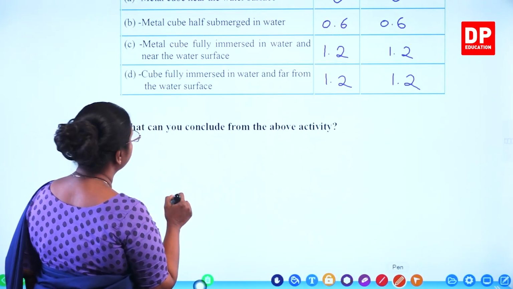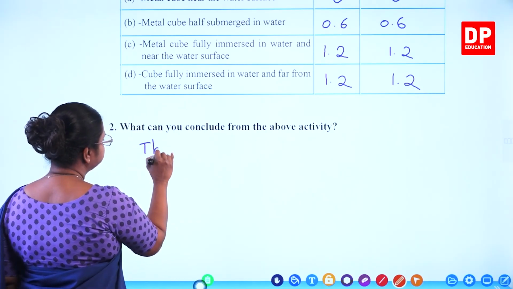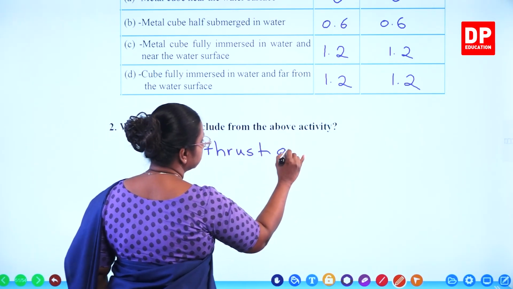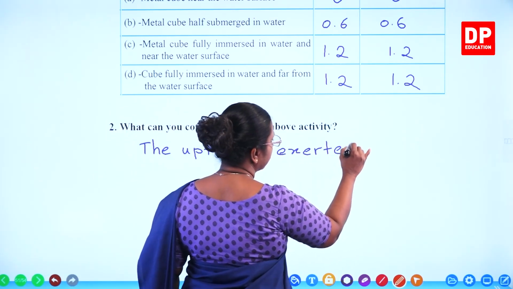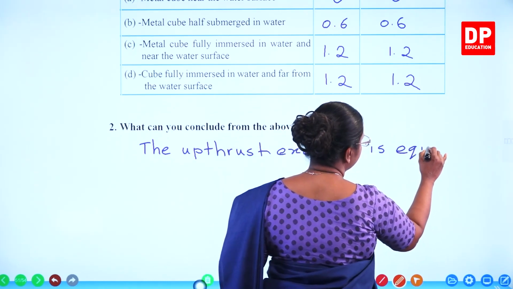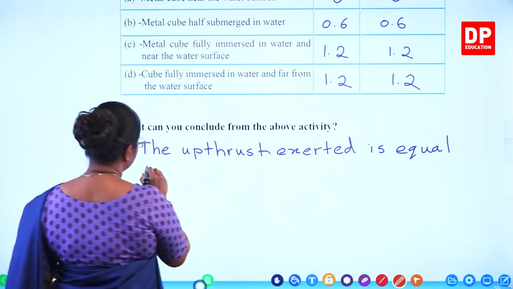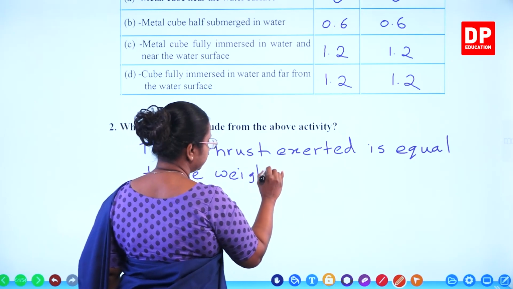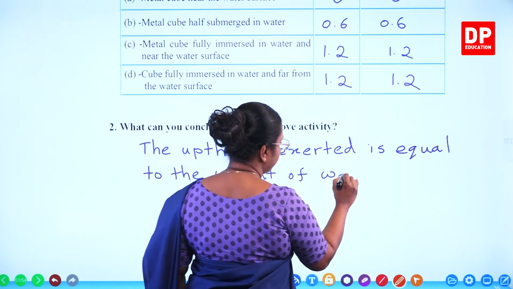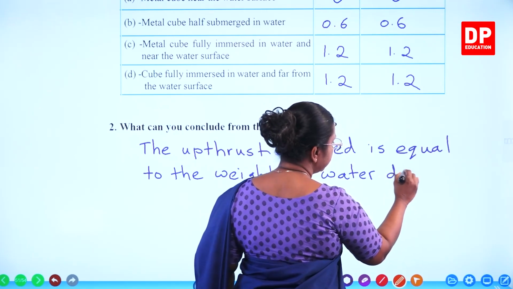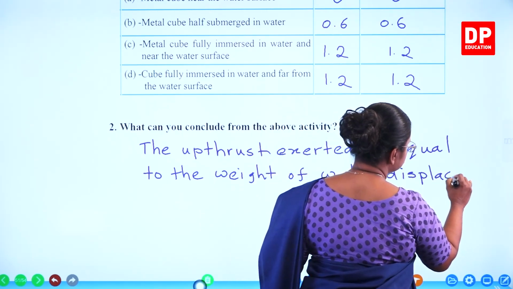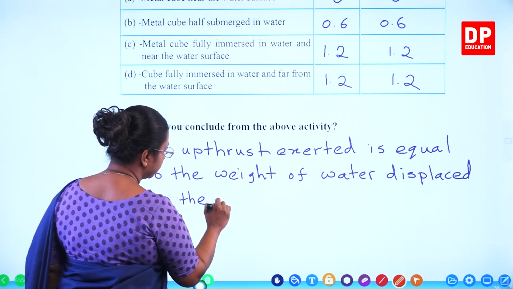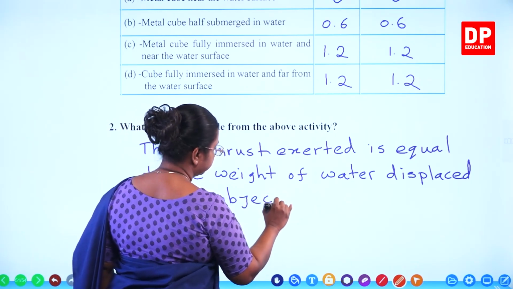What can you conclude from the above activity? The upthrust exerted is equal to the weight of water displaced by the object.